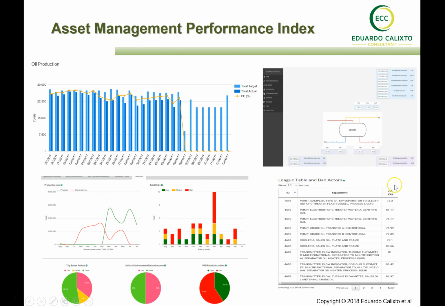Okay, and another type of performance index is the league table of the bad actors, which shows the operation availability for each critical equipment in a month or in a year, and mostly in a month. That gives a very valuable input for the assurance plan and the operational risk assessment for each action that needs to take place.